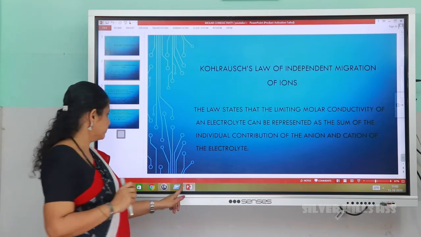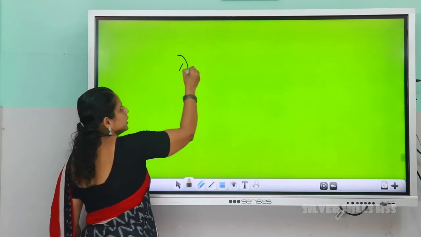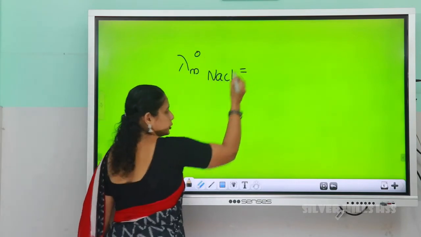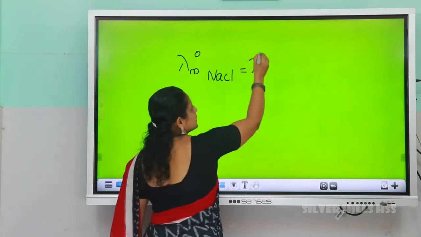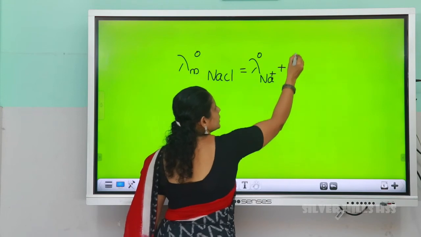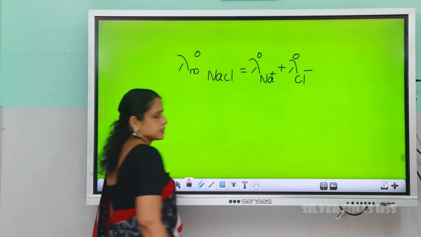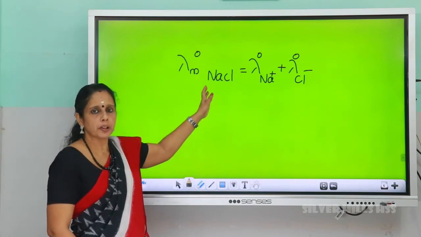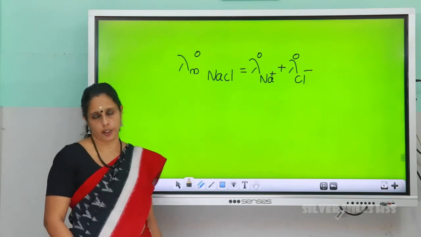For example, the lambda m0 of NaCl is equal to lambda 0 of Na+ plus lambda 0 of Cl−. This is Kohlrausch's law applicable to the electrolyte sodium chloride.